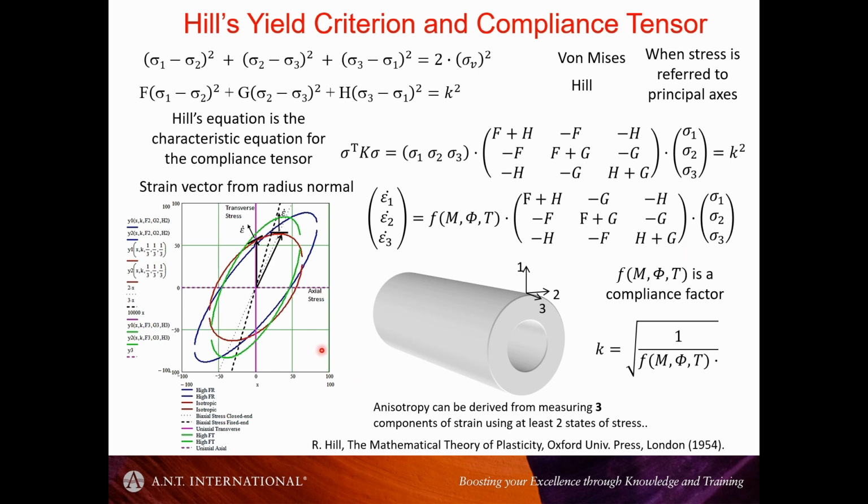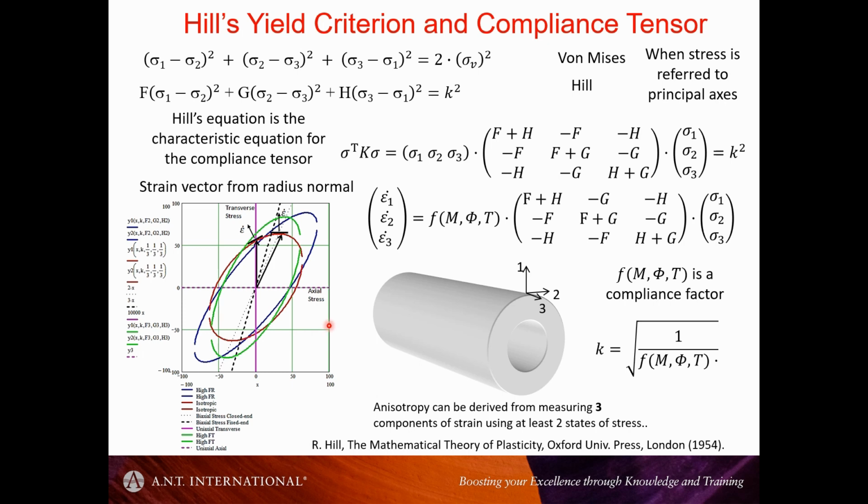And if you can solve this expression up here in terms of F, G and H, or for certain F, G and H, and for those conditions, if we plot the solution of this equation for different values of K in stress space, in this case it's axial and transverse stress, we can plot a surface, and because we're typically looking at it in 2D, that's the easiest way to plot it.